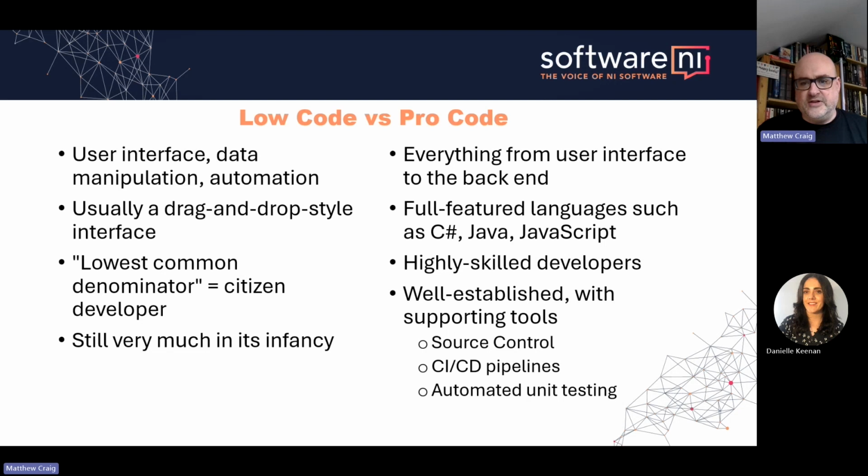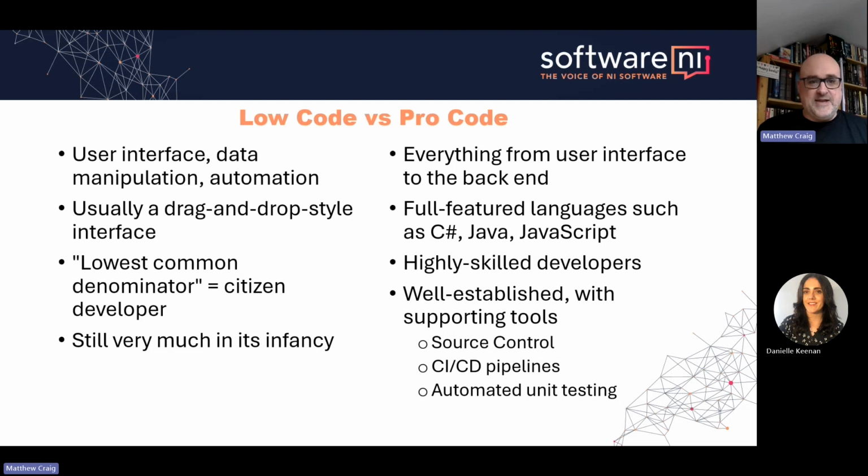You tend not to build complex calculations or things like that into your low code solutions. You will still need to rely on pro code for that kind of stuff. It's usually a very drag and drop style interface.